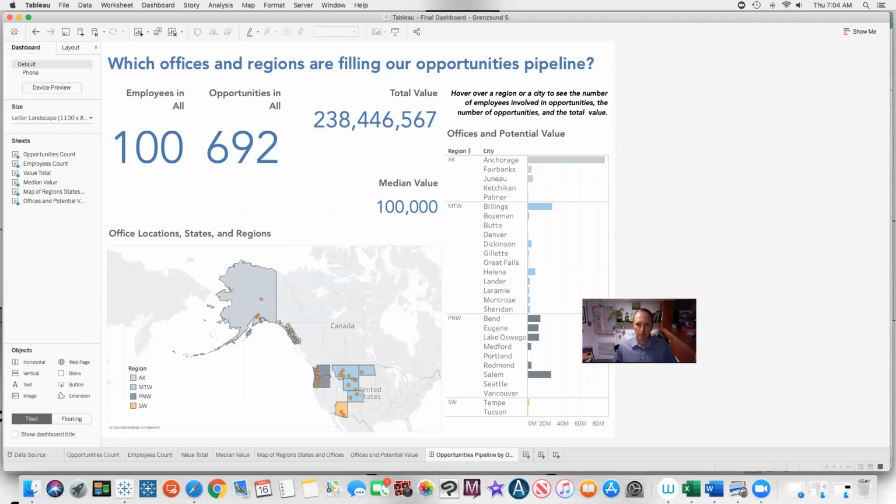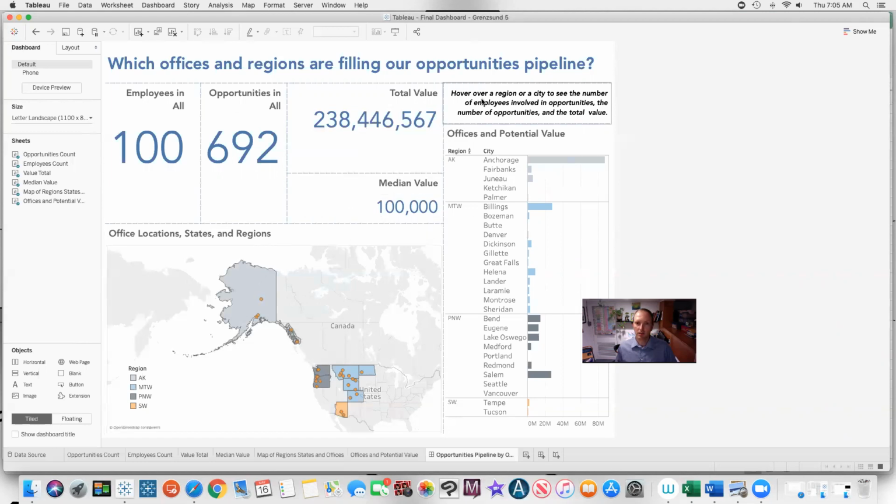I ended up changing the question: which offices and regions are filling our opportunities pipeline? And I was able to display the employees, opportunities, total value, median value, the map of the states and office locations, color-coded by region.